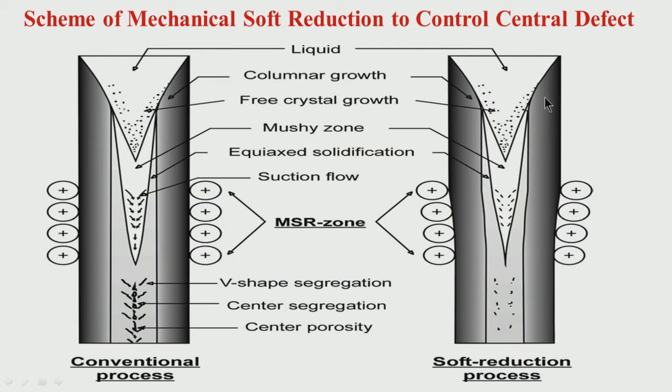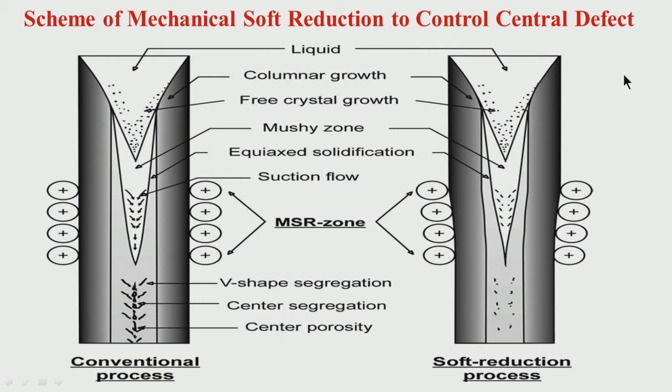So, initial thickness was something like this before the final solidification front. Slowly you are decreasing the thickness, and in the process you are increasing the pressure, and finally the thickness is like this. That means you will find the original thickness has become slightly lower due to mechanical soft reduction.